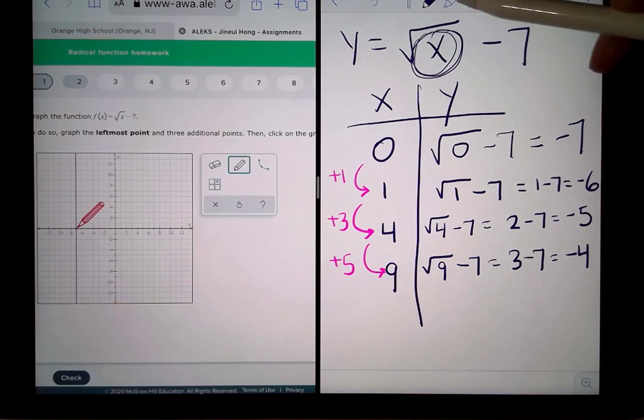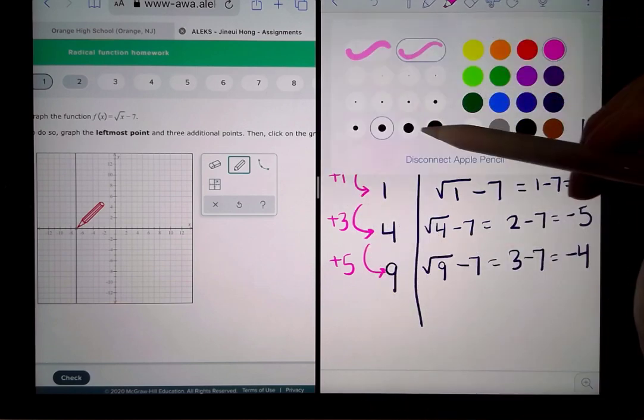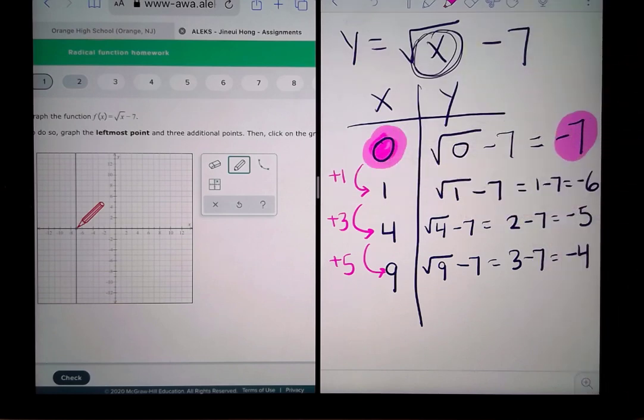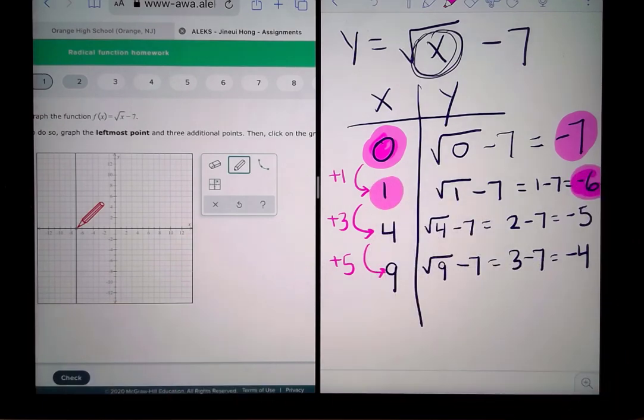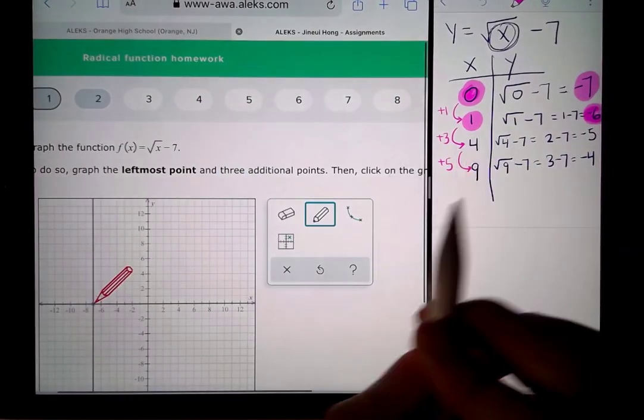Okay, so now I'm going to plot all the points. We already did 0 and negative 7. I plotted that already. And my second point, 1, negative 6. So let's do it. 1, negative 6.